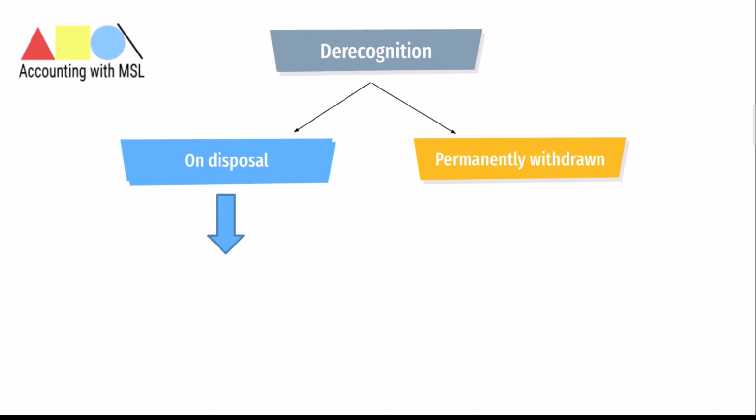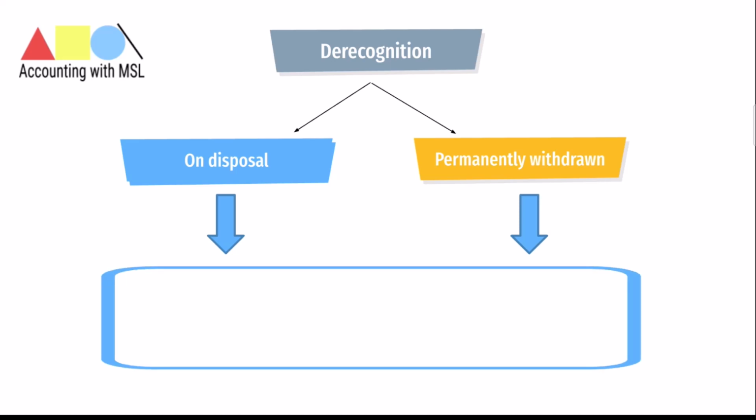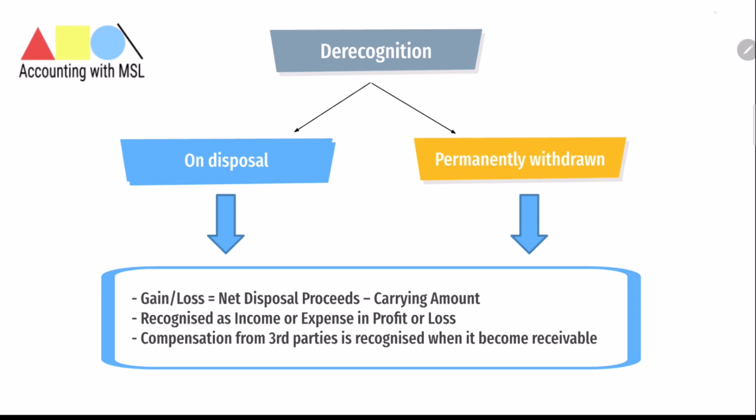In such a case, upon disposal, the gain or loss on disposal should be calculated as the difference between the net disposal proceeds and the carrying amount of the asset, and this should be recognized as an income or expense in profit or loss. Take note, however, that any compensation from third parties is recognized when it becomes receivable.